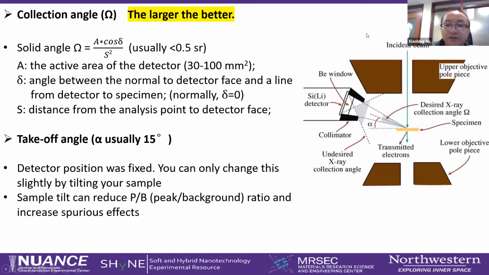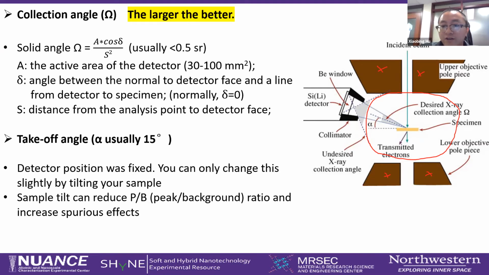Okay. Then another thing I will cover is the collection angle. So what is the collection angle? On the right side, I show you a figure. This is the pole piece length, and this is the pole piece gap. This is very small, only about 5 millimeters for our 300 and about 4 millimeters for 200.